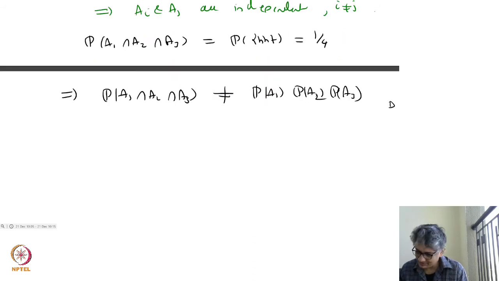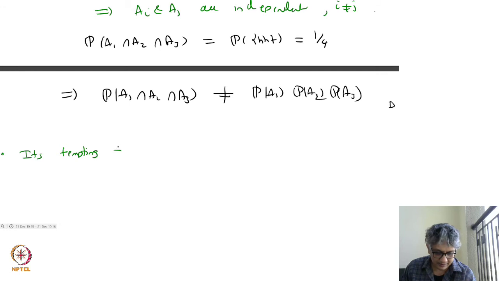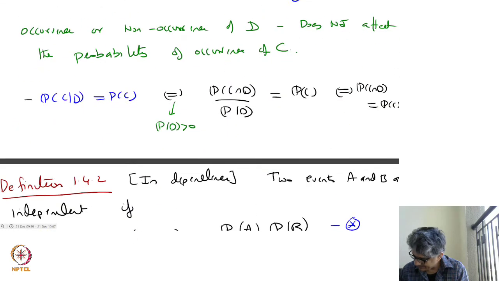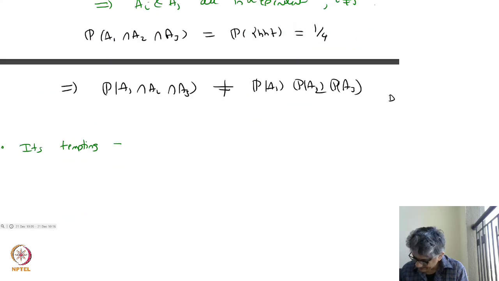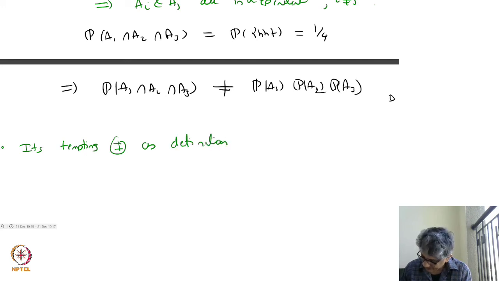So here are the summarizing remarks. A. It's tempting to have this, let me call it dagger, as the definition of independence for three events.